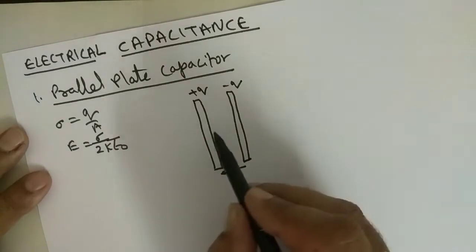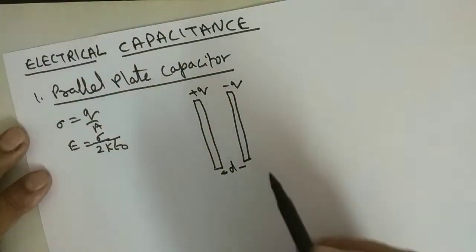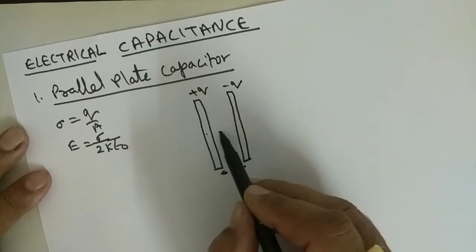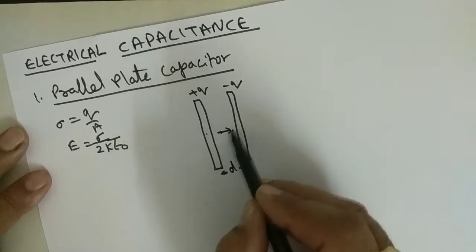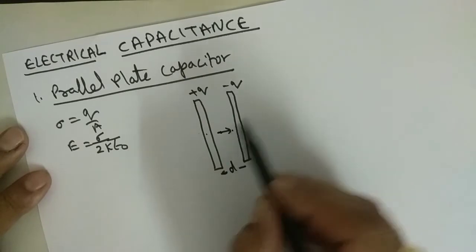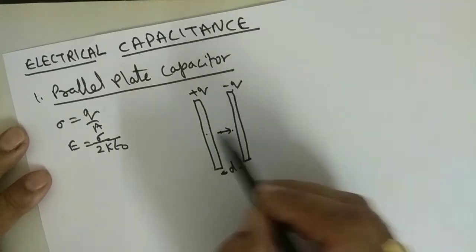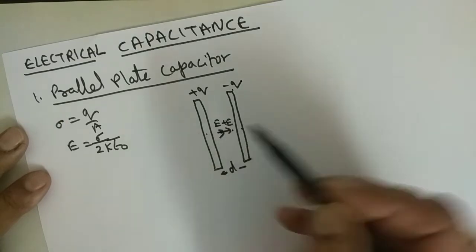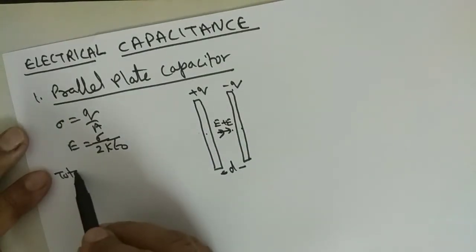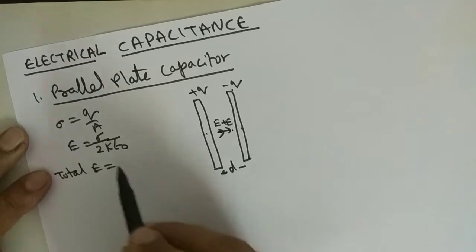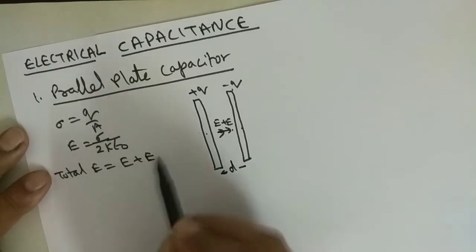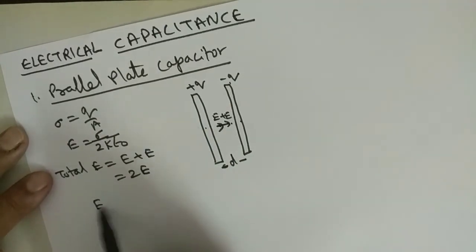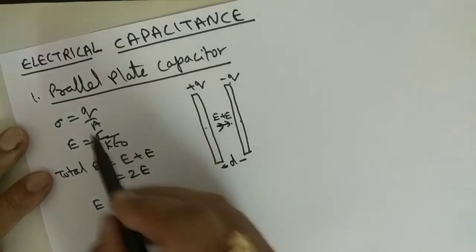Now to find the resultant E between the plates: due to the positive charge, the E is always away from the positive plate, and due to the negative plate it is towards the negative plate. So the net E is E plus E, that is 2E.